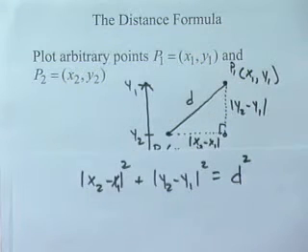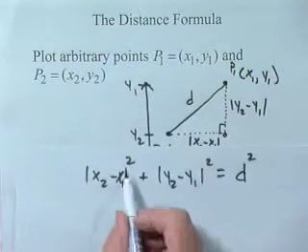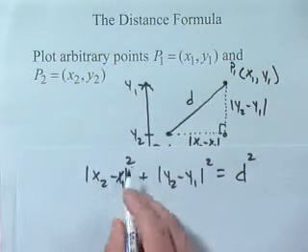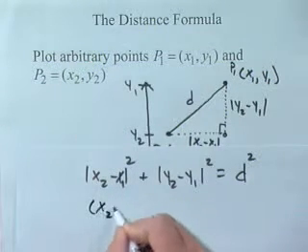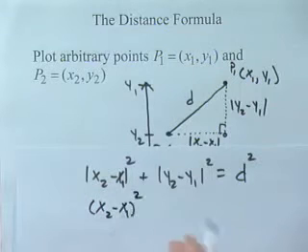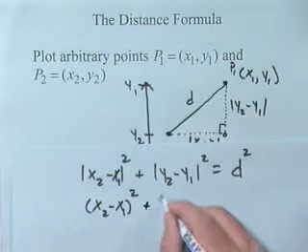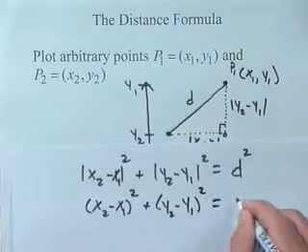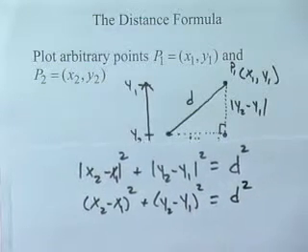Now notice, I can get rid of the absolute values since I'm squaring. Squaring something is always going to make it positive. So this can become x2 minus x1 squared plus y2 minus y1 squared is equal to d squared.